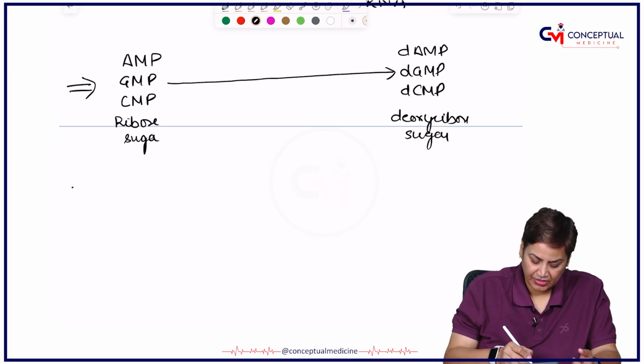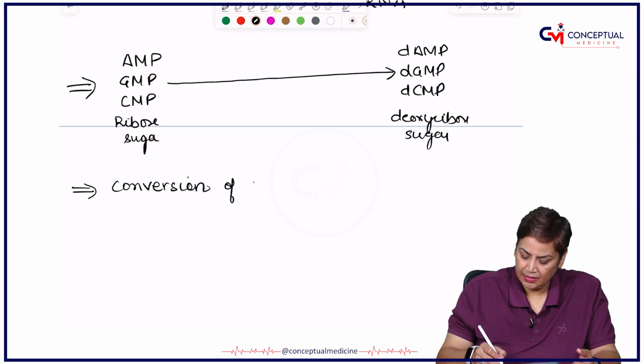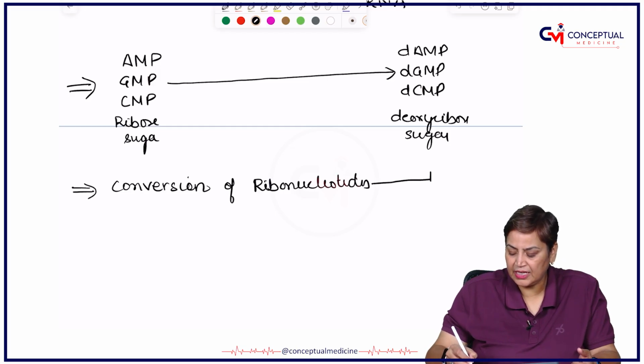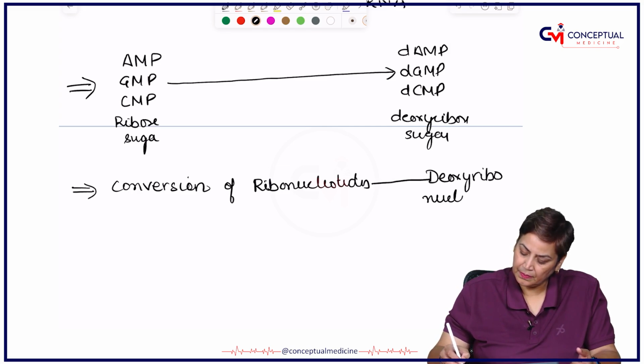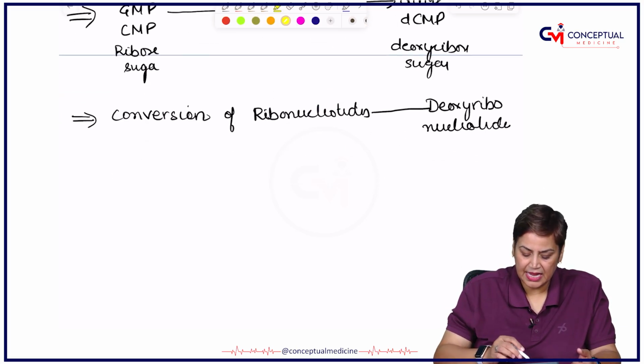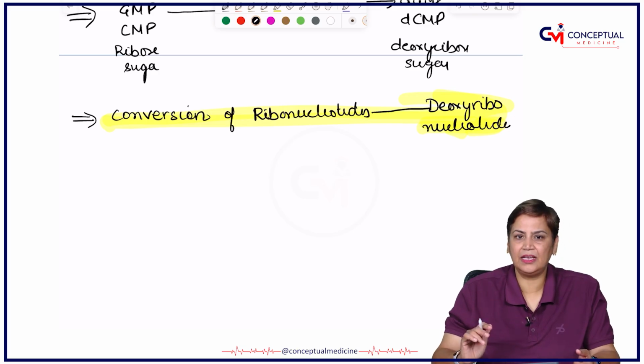This is a very important reaction, conversion of ribonucleotides to deoxyribonucleotides. So what happens here is, the reaction is reduction, right? And the enzyme here is ribonucleotide reductase, very important.